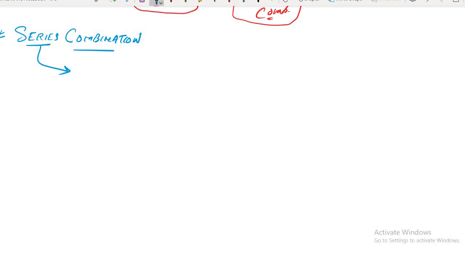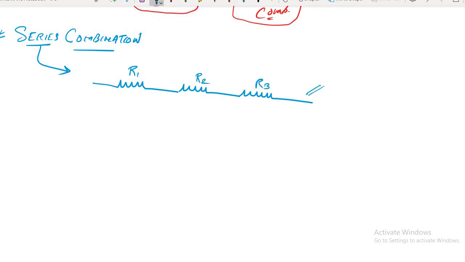So, in series combination, first of all I will show you a diagram of series combination, then I will explain. You can see here, I have connected 3 resistances: resistance number 1, resistance number 2, resistance number 3.